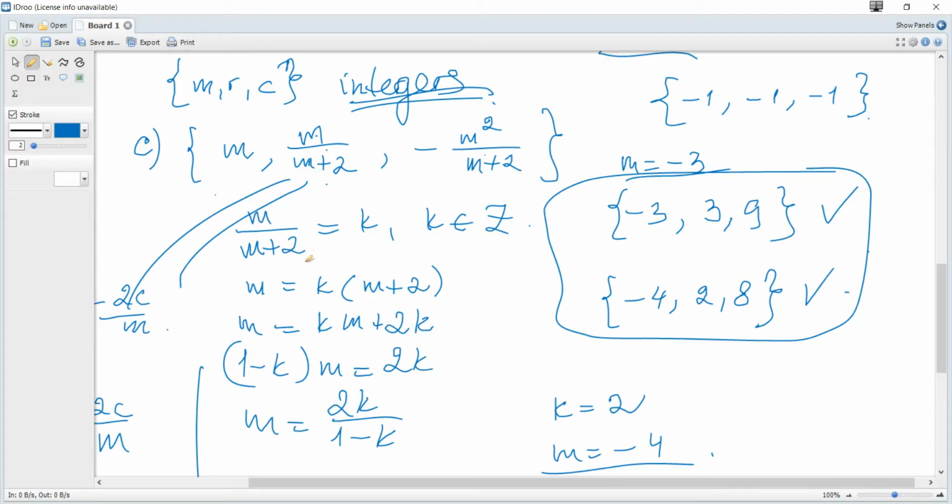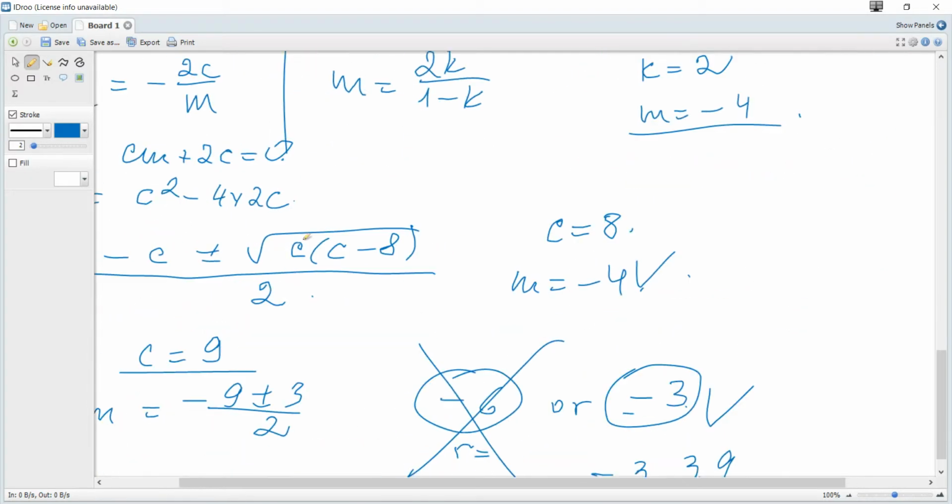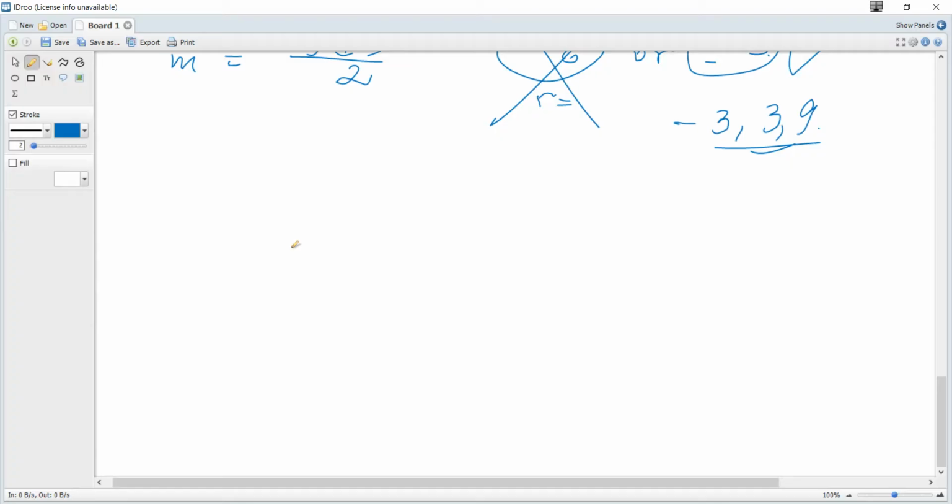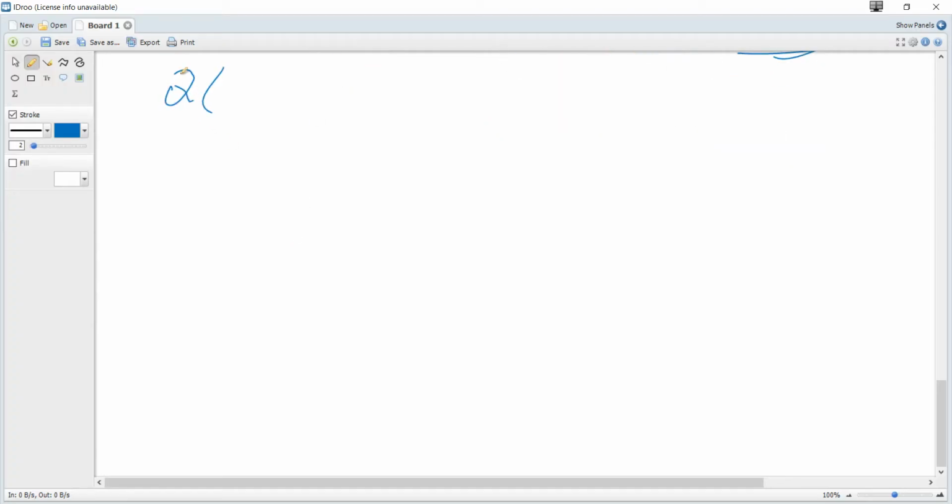So it was C. Next, consider the function q of x is ax squared plus bx plus c for x real, where a is real, a is not 0, and b, c are real.